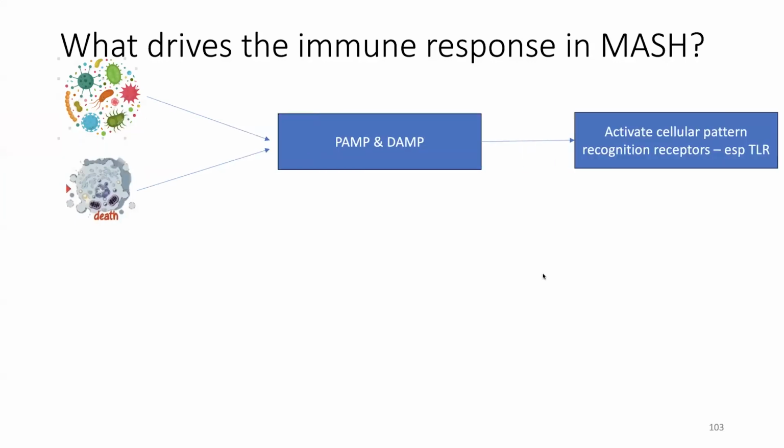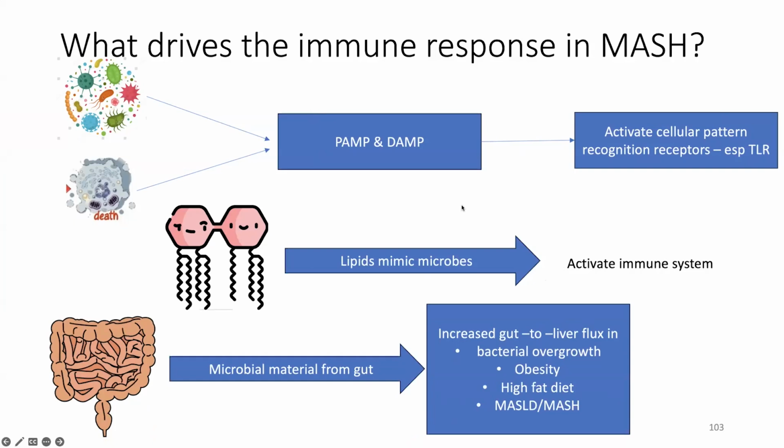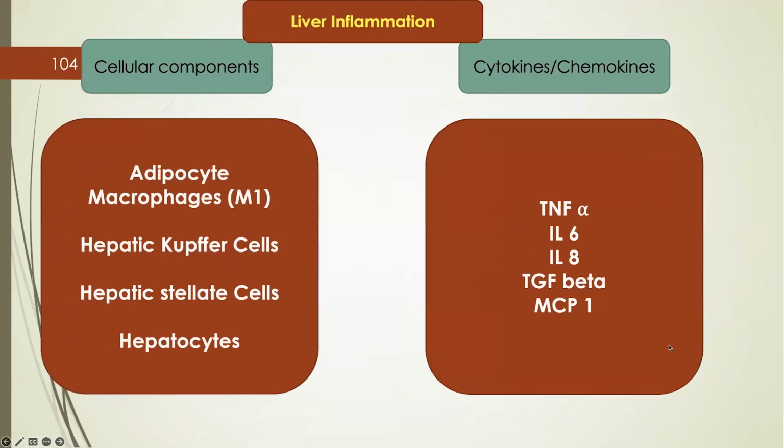So what are those inflammatory markers which convert the fatty liver into an inflammatory state? You have a combination of the PAMPs and DAMPs, which activate cellular mechanisms. You have lipids which have altered shape, they activate the immune system, and there is a lot of altered microbiome which is causing inflammation.